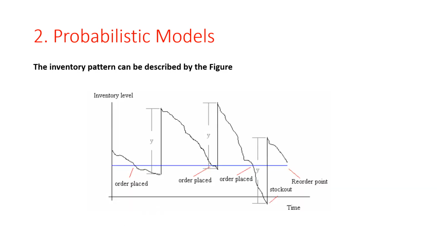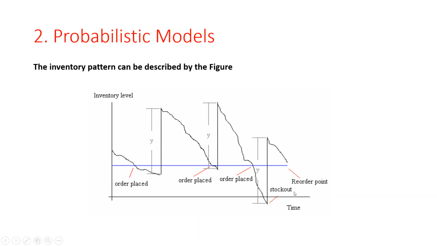See here in this inventory pattern we describe the multi-period model. In the horizontal line we have time, and on the vertical axis we have the inventory level. There are different conditions: order placed, order placed, order placed, and then the reorder point. In the multi-period model, the inventory system operates continuously with many repeating period cycles: first period cycle, then second period cycle, third, and so on.